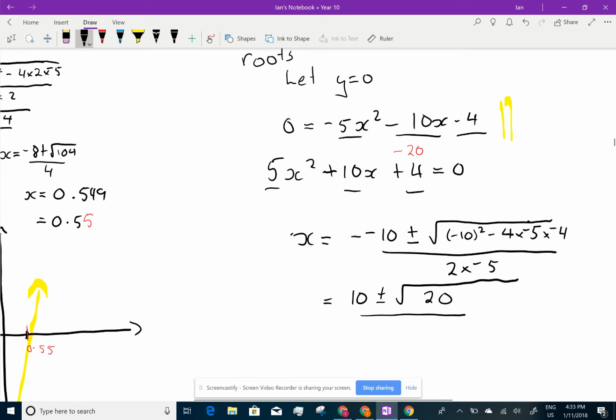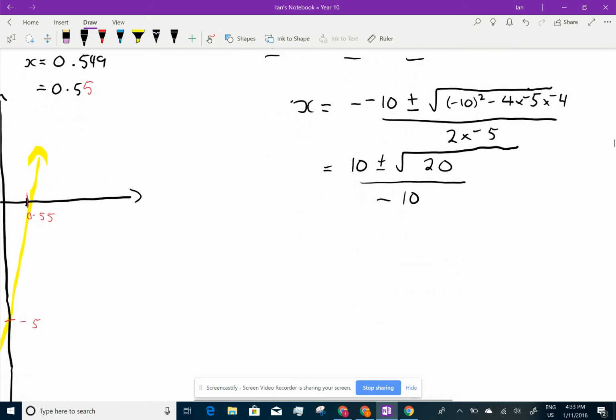I could leave that as a surd, but it wants it to one decimal place. So I've got x equals 10 minus root 20 over minus 10, and x equals 10 plus root 20 over minus 10.